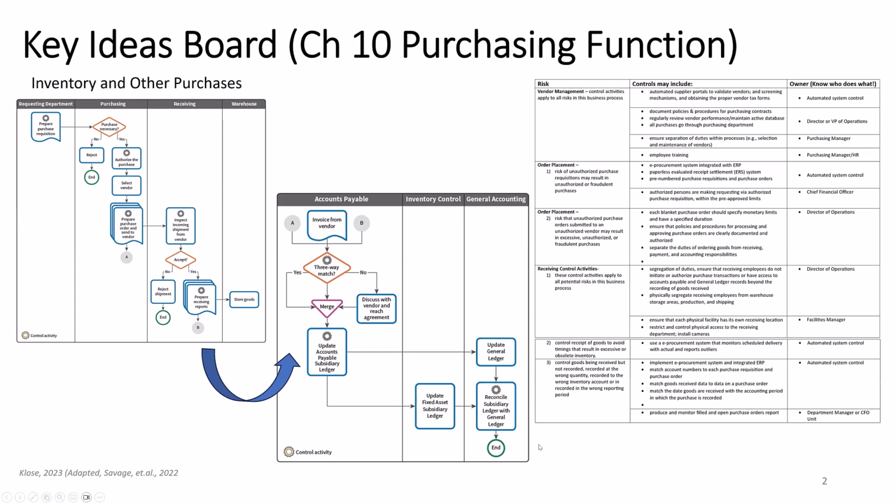This person is also responsible for helping establish segregation of duties. As we've talked about in other classes, you don't want one person doing everything. We don't want the same person to be initiating the requisition, approving the requisition, creating the purchase order, placing the order, receiving the order.